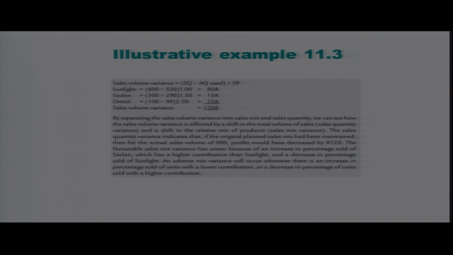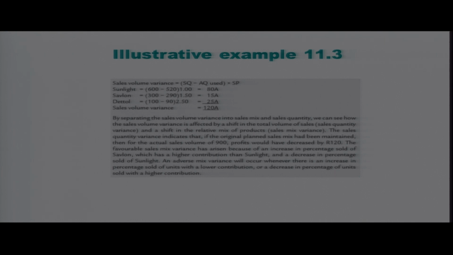We actually sold 290 multiplied by 150 will give us 15 rand unfavorable. And Dettol, we budgeted 100, we only sold 90, multiplied by 250 as the standard price will give us a variance of 25, which is unfavorable.